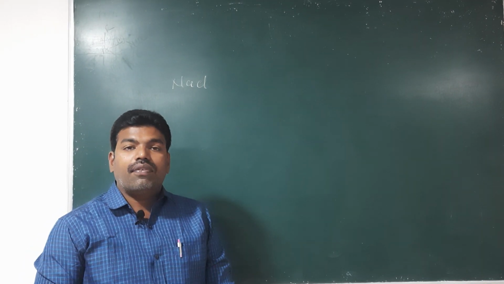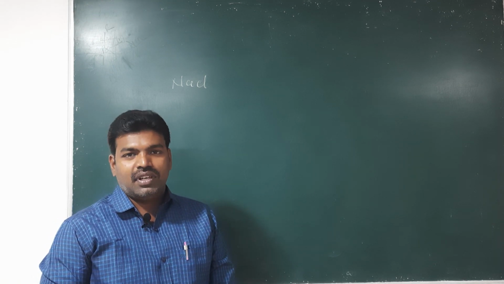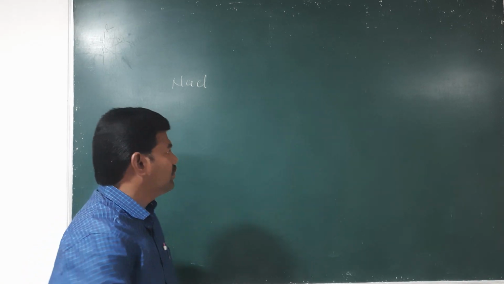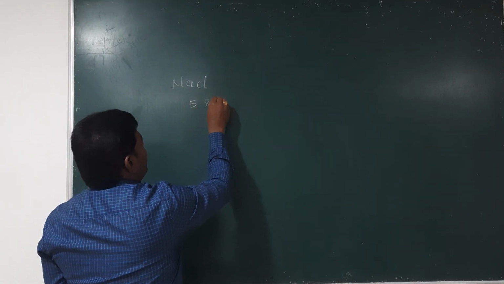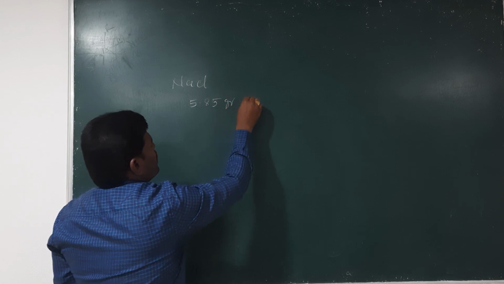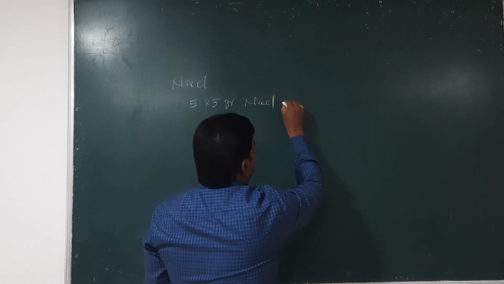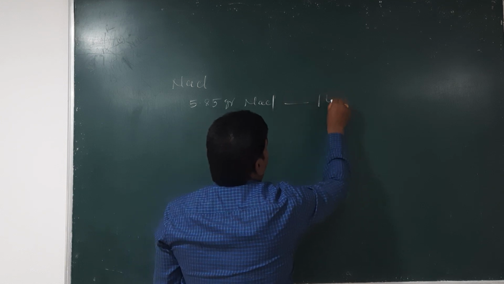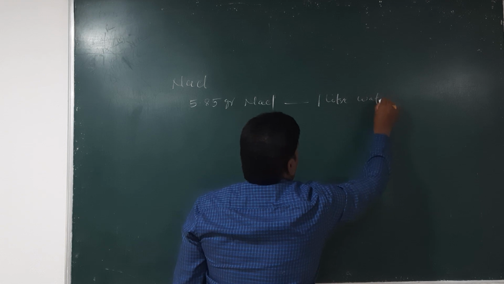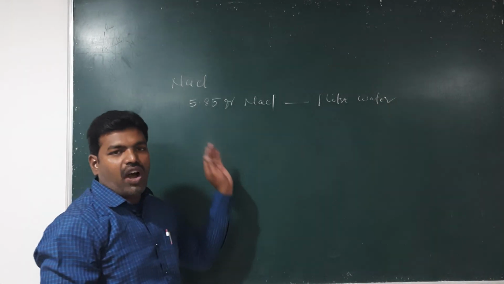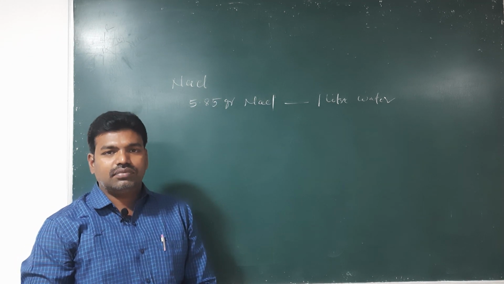If 5.85 grams of sodium chloride is dissolved in 1 liter water, that forms salt water.